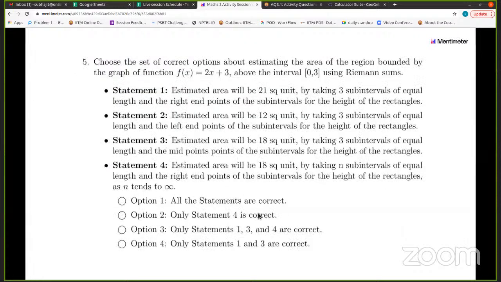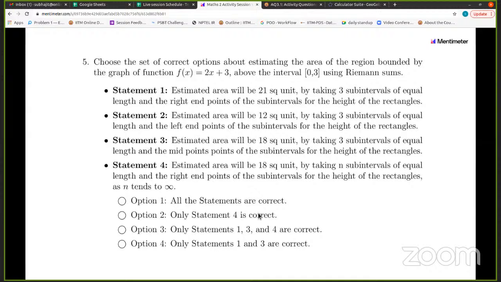So this is a problem. The function is 2x plus 3, the interval is 0 to 3, and we have to estimate the area using Riemann sum. The first statement: I am dividing this 0 to 3 into 3 subintervals, so the subintervals are 0 to 1, 1 to 2, and 2 to 3.